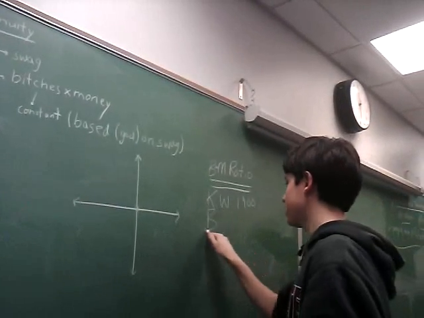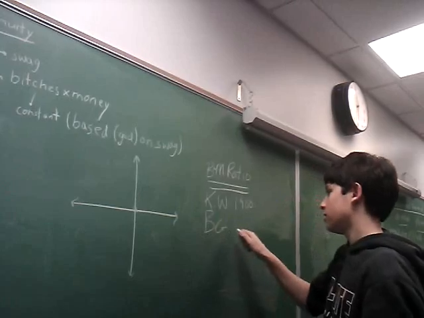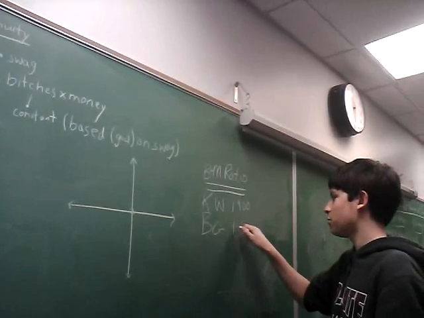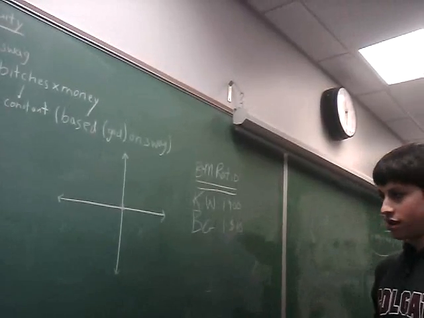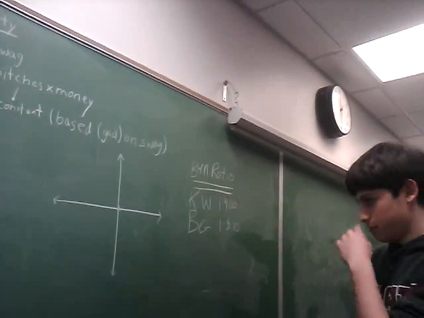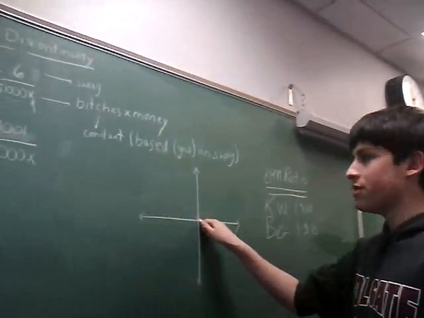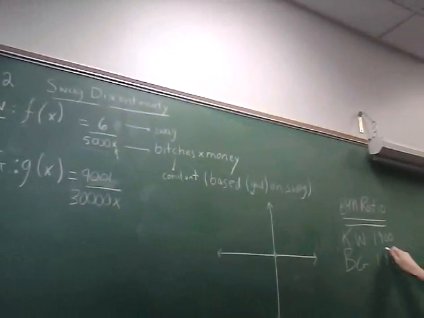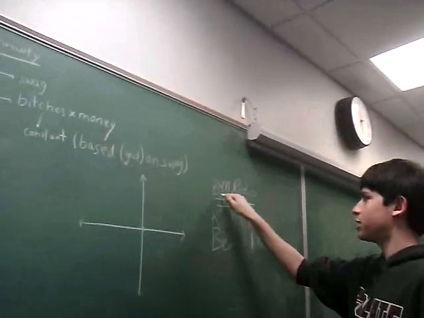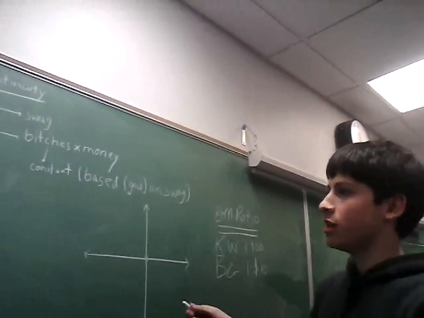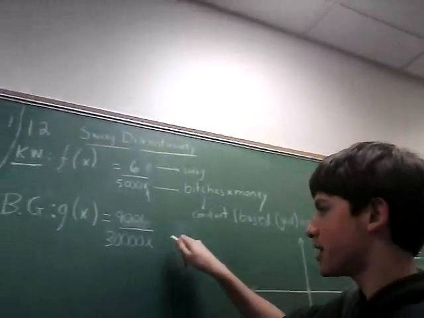And Base God gets a lot of bitches, but not as much money, because he's not as popular, and he doesn't come from as good of a background. So we're going to remove this discontinuity by changing bitches to money. Let's start with Base God's function.